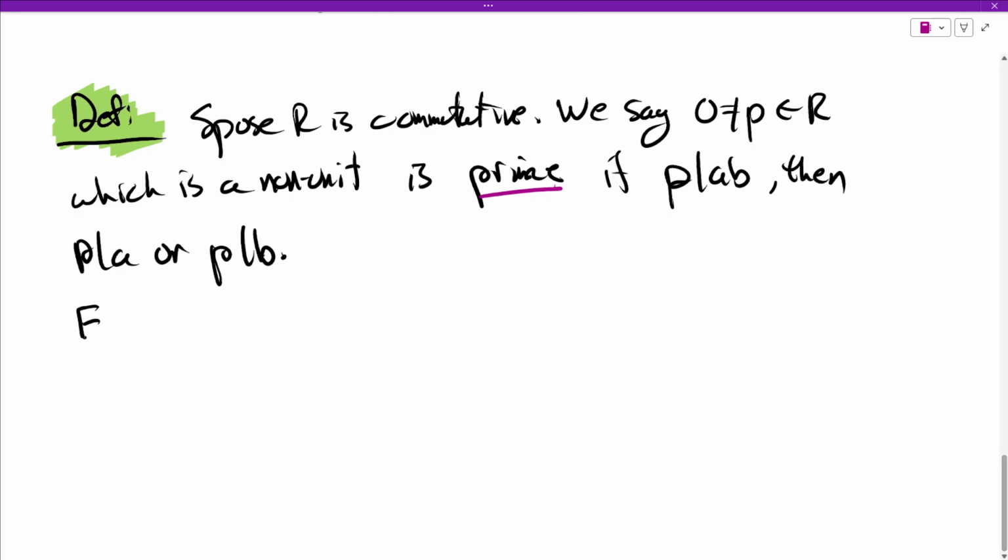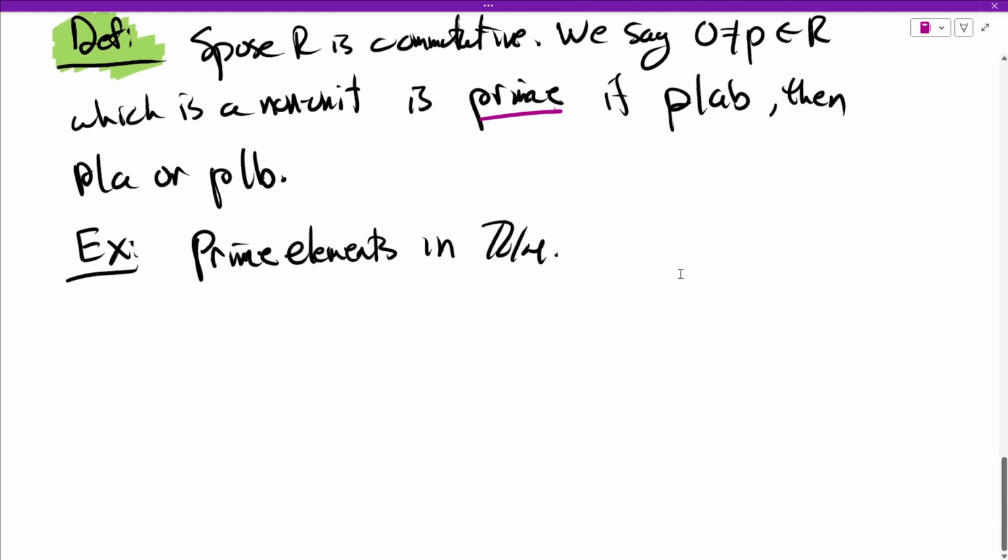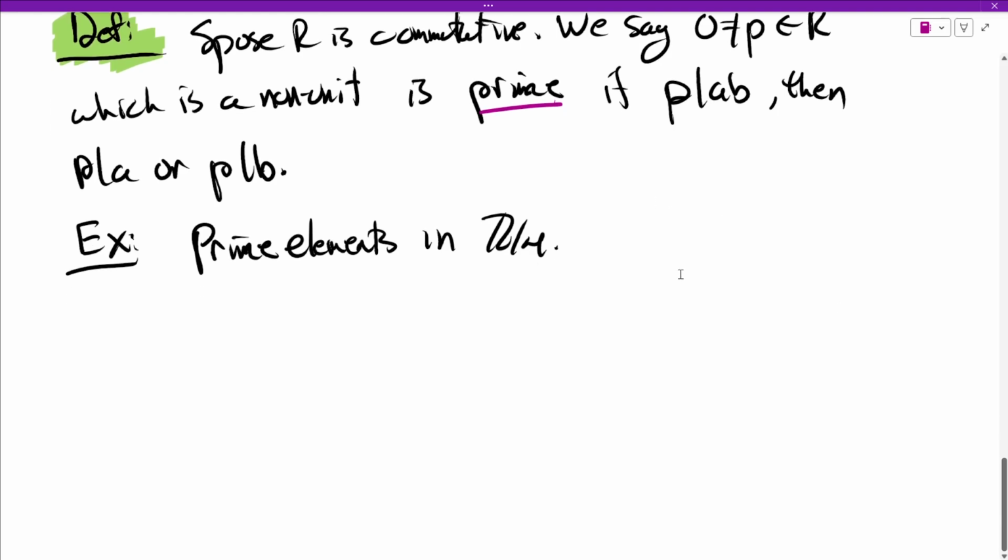All right, let's do an example here. Let's look at Z4. Let's look at the primes in Z4. Okay, now to be a prime, we have to be a non-zero element first. So let's list our non-zero elements.